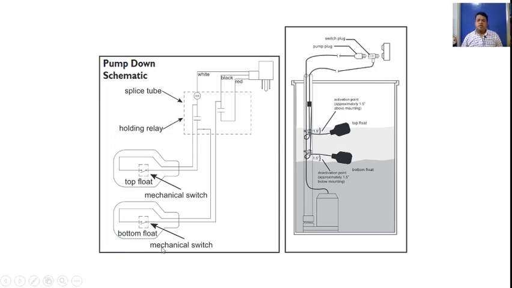If you see here, this is a mechanical switch, that is, the bottom float and top float. How they are connected: we keep a holding relay here, and they give it to the pump down schematic, where the pump plug is inside the electrical socket. The relay senses and tells that the water tank is already filled, so there is no need to fill it further.